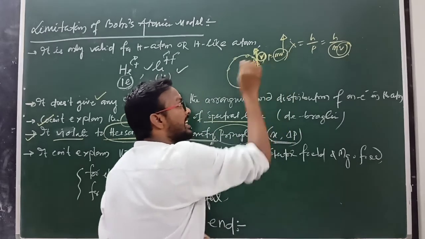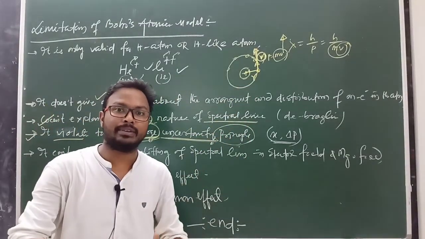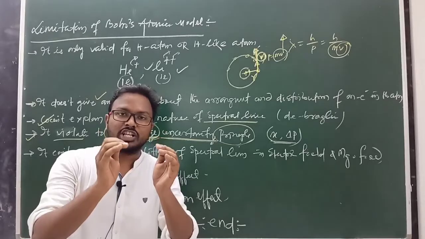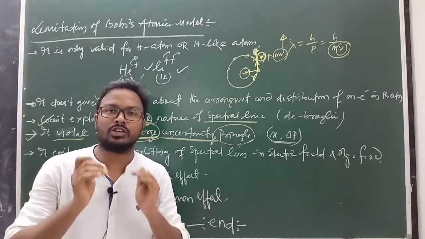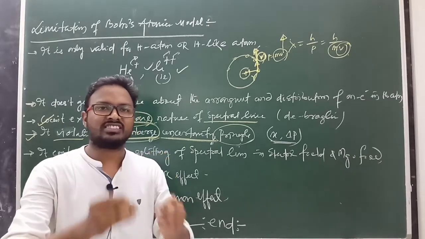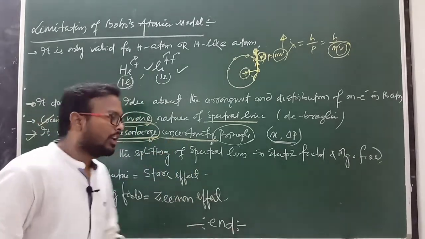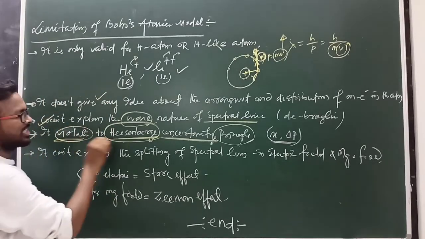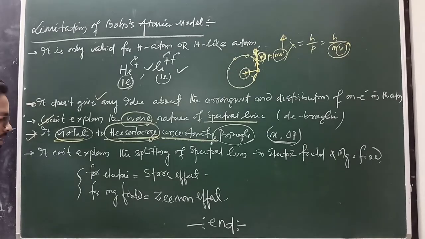Giving both the position and momentum at a particular time is not possible according to the Heisenberg uncertainty principle. So Bohr's atomic model violates the Heisenberg uncertainty principle, which is another limitation.